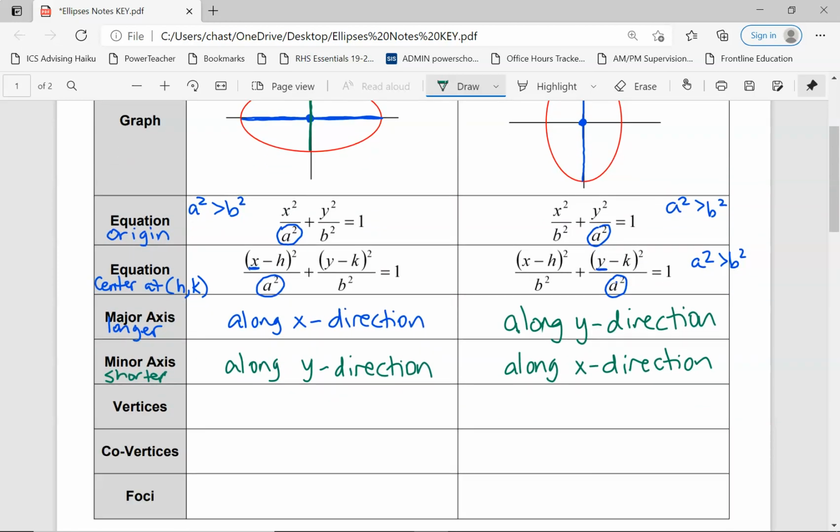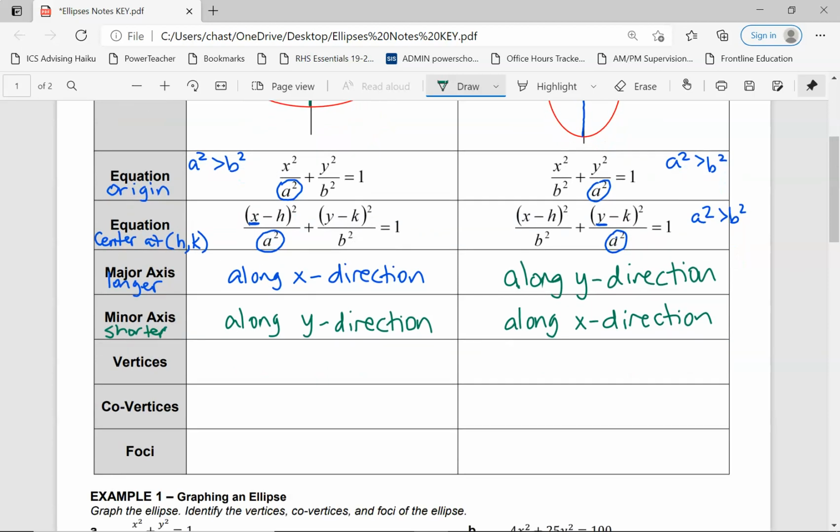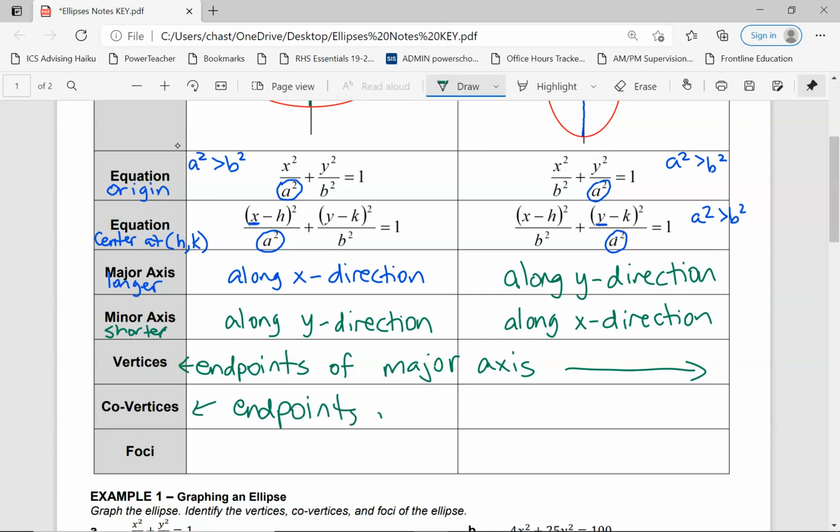Our vertices are going to be the endpoints of the major axis. That's going to be in both situations here. And the co-vertices are going to be the endpoints of the minor axis.